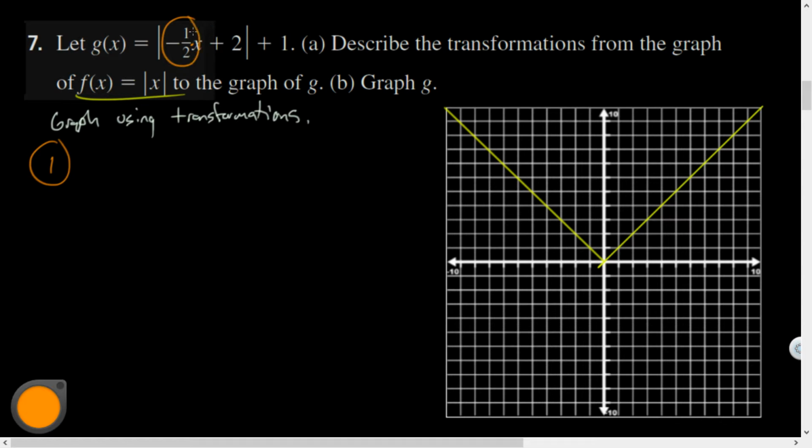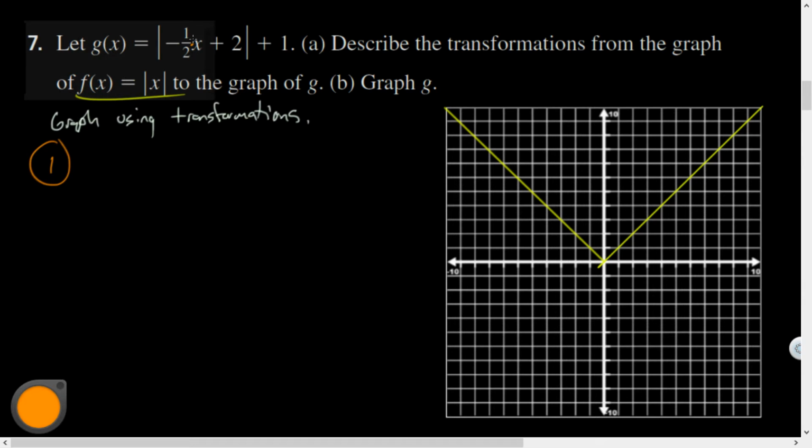Notice this is on the inside of the absolute value. It means it's going to be a horizontal transformation. That's going to be interesting for us. So let's see, absolute value, -1/2 x.